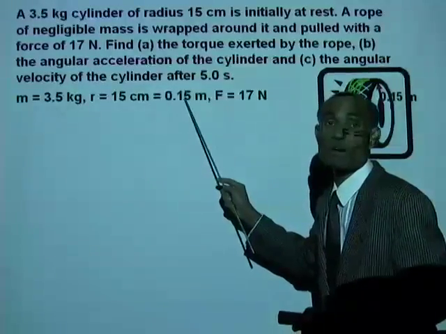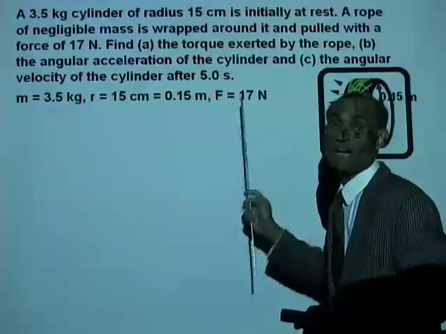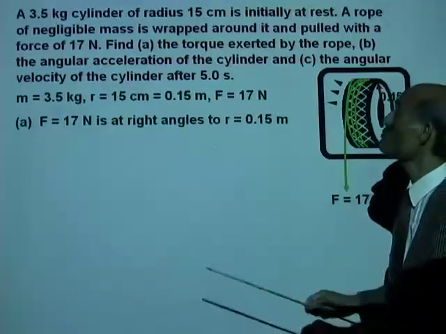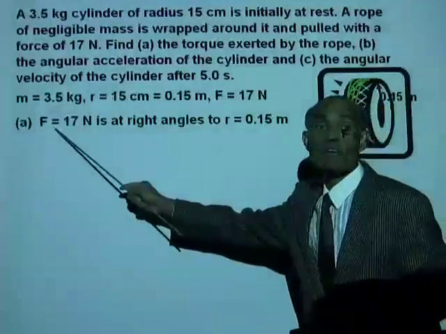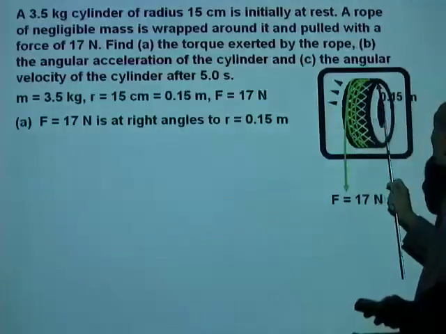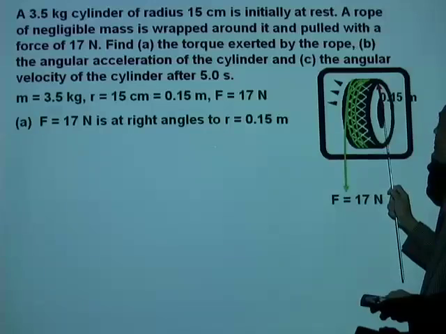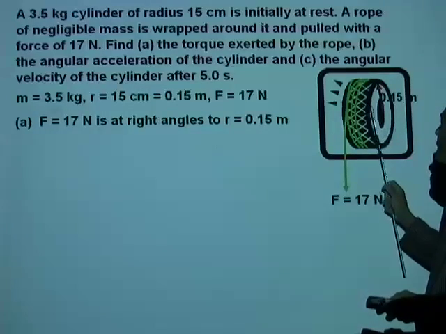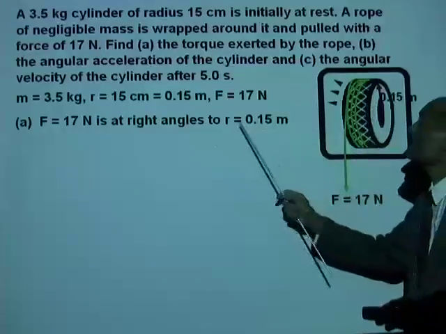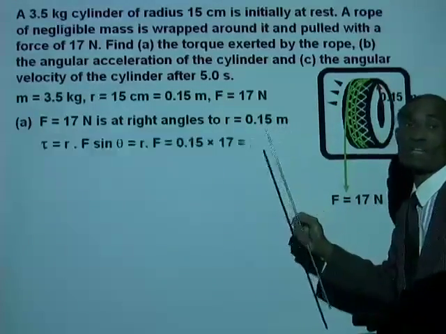Its radius is 0.15 meter, and the force applied on the string is 17 Newton. F equal to 17 Newton is at right angles to this radius.